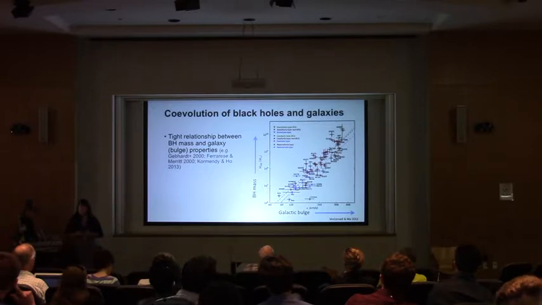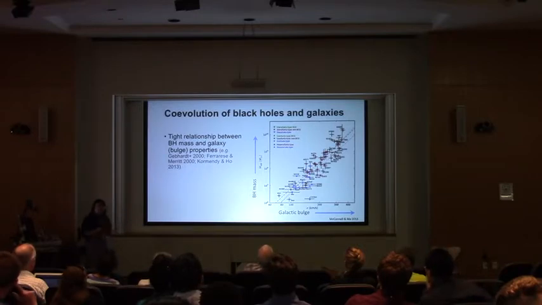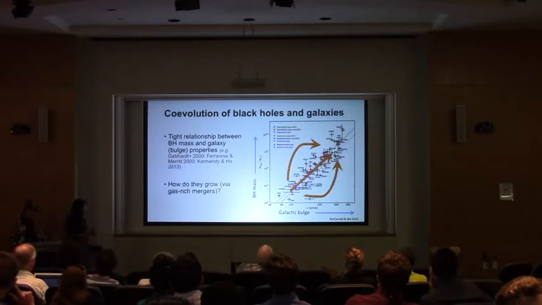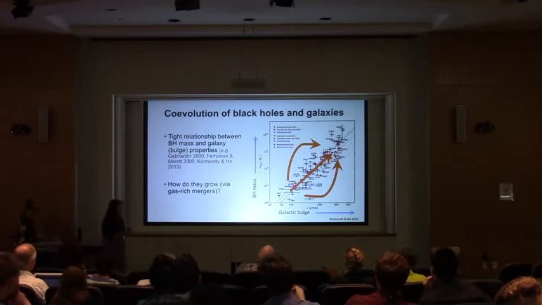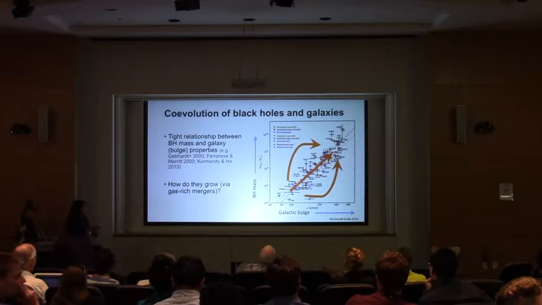But of course, there are a lot of things to think about in terms of the selection and the samples that we're dealing with. But the question that we're interested in asking is actually how do they grow? If black holes grow inside these mergers, do they actually grow linearly, or is it a case where the black holes grow first and then the stellar bulge catches up, or vice versa?